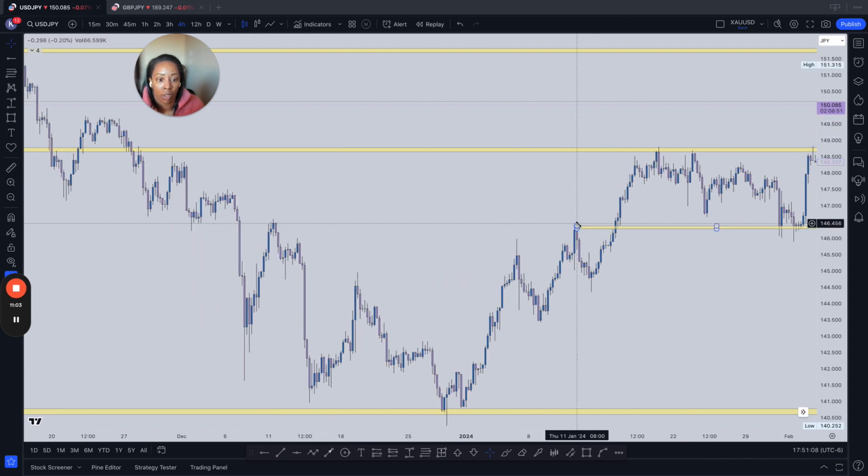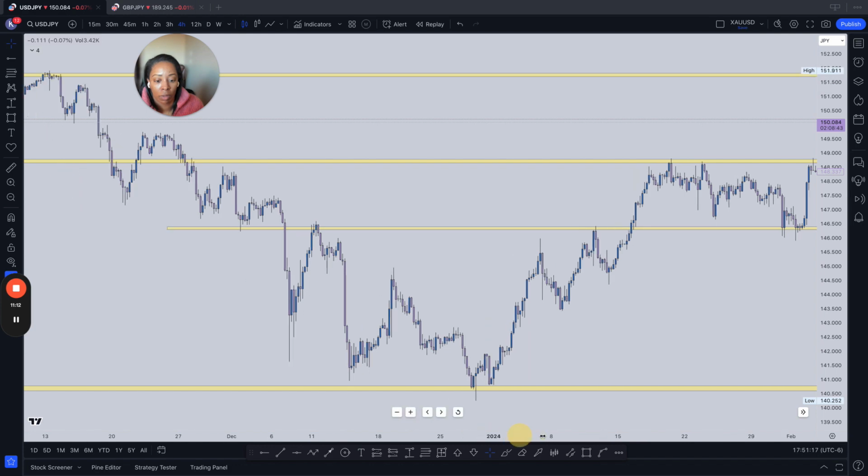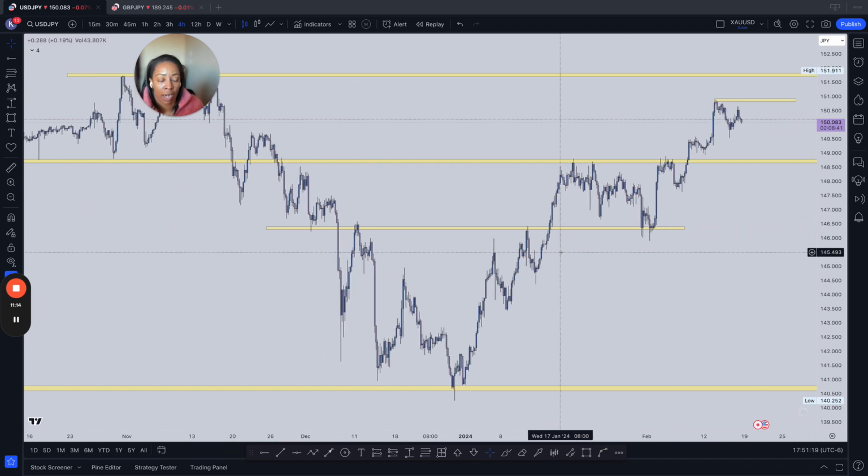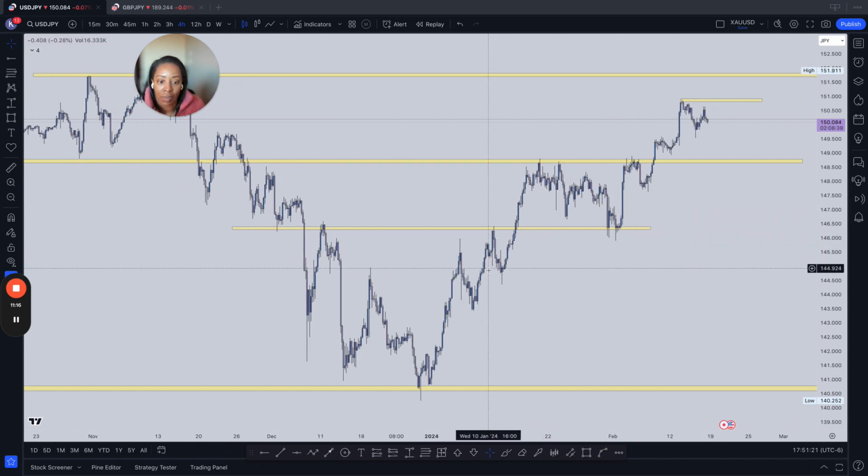So let me go like this, drag it all the way over. All right, cool. Let me zoom out and adjust my chart. Okay, good. I really like the way this is looking. And then here are some minor levels right here. I'm probably not going to mark those off just because for me, I like to swing trade.